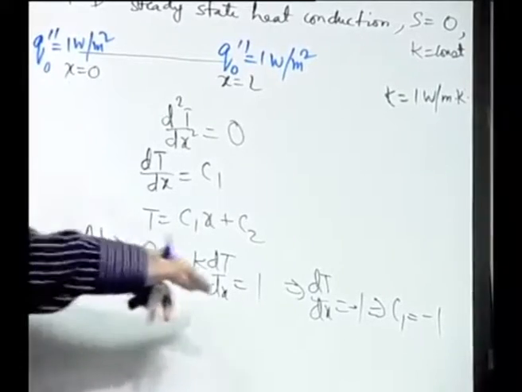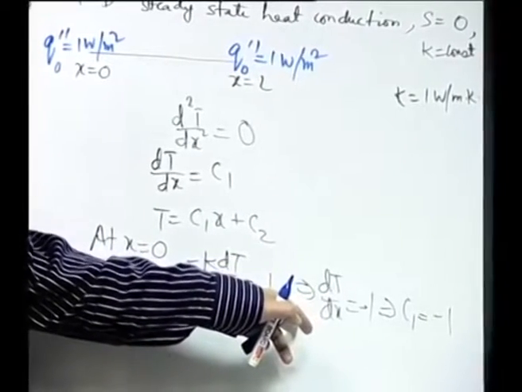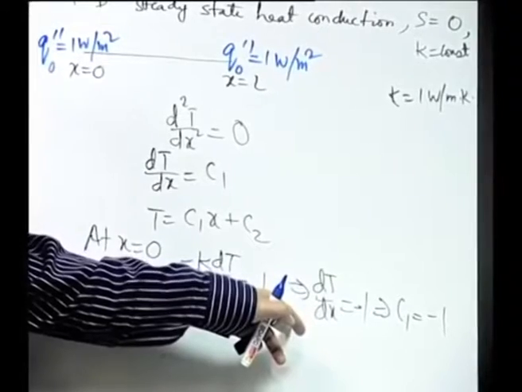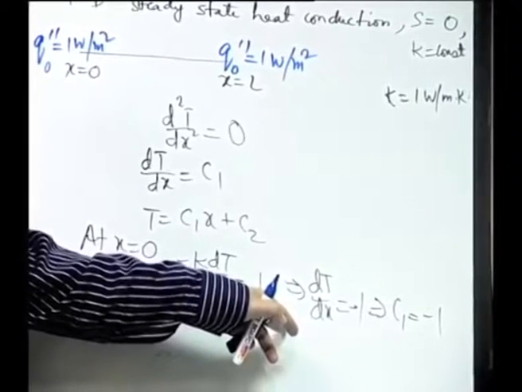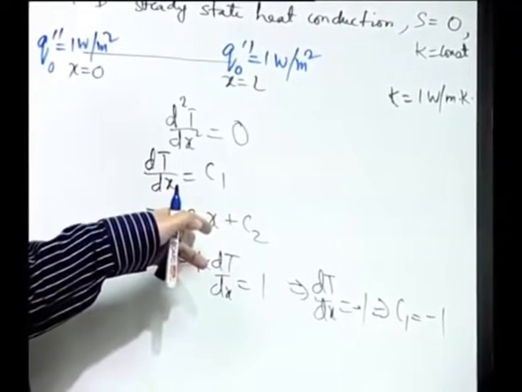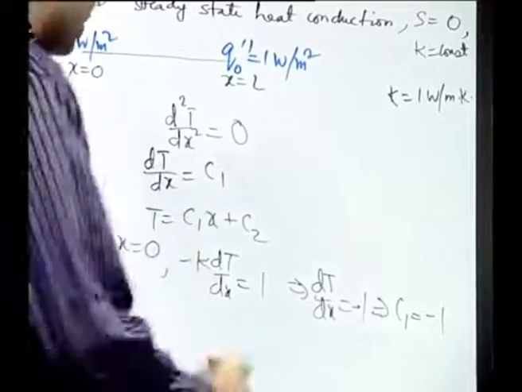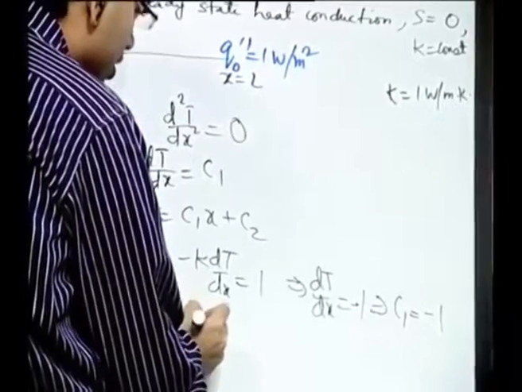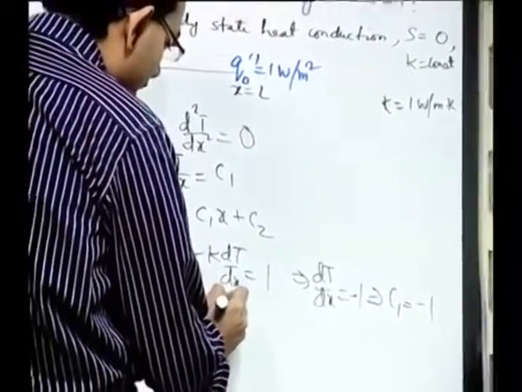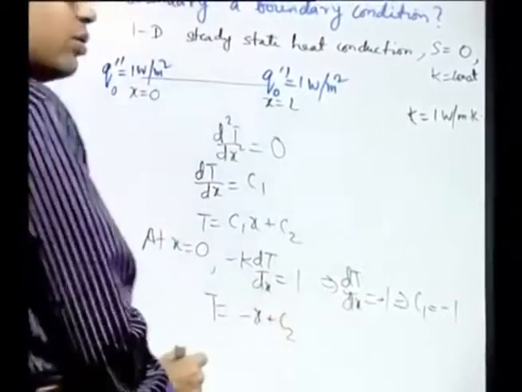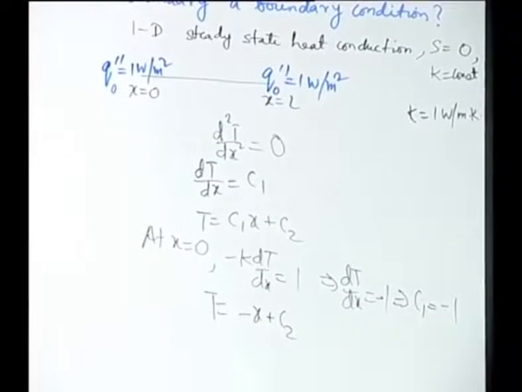Similarly at x equal to L also it is the same thing. If you use the boundary condition you will get C1, you will not get C2. So you get basically T is equal to minus x plus C2, you cannot determine C2.